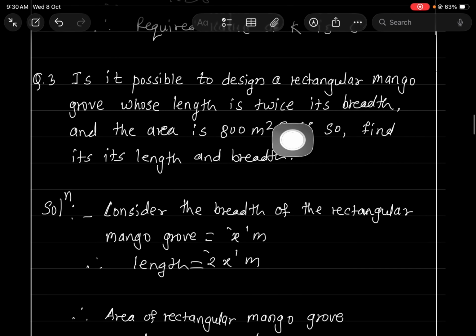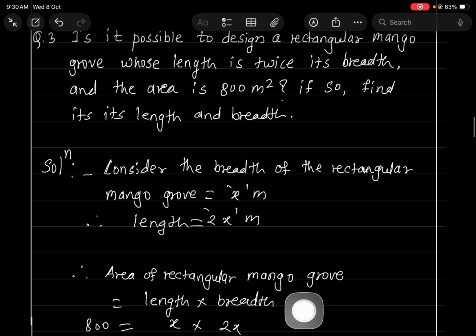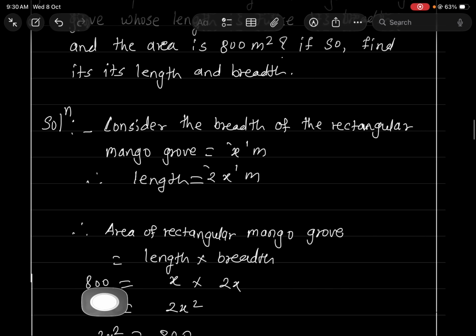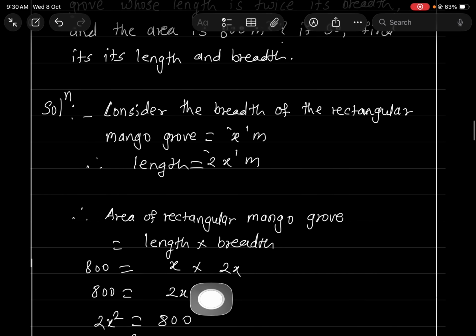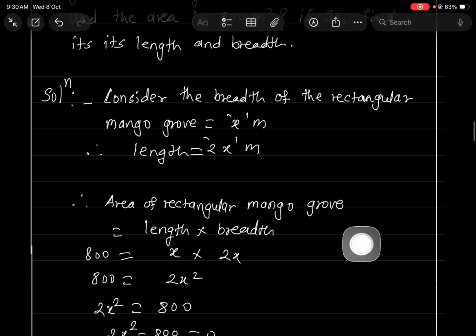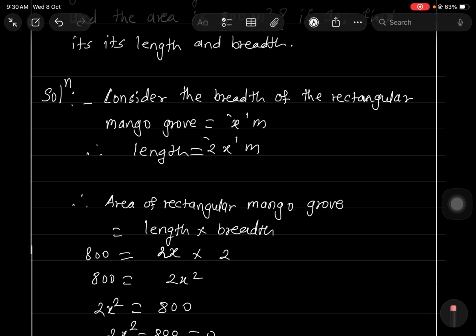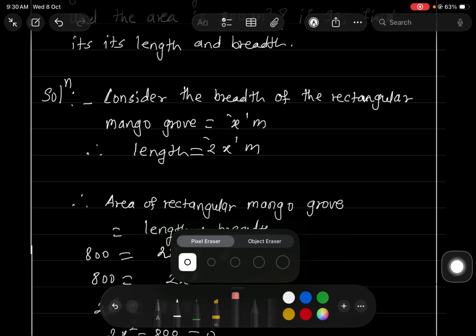Area is also given. We know that the area of a rectangular mango grove is length into breadth. The area is given as 800, equal to length 2x and breadth x meter.